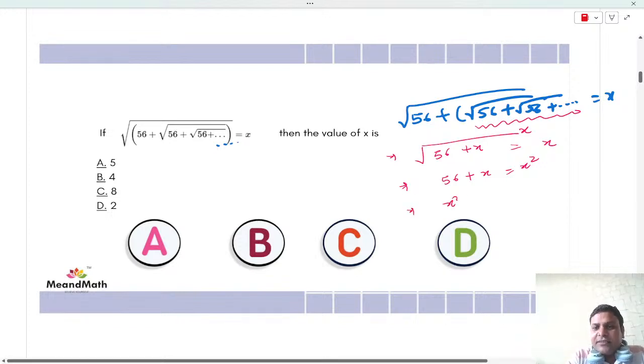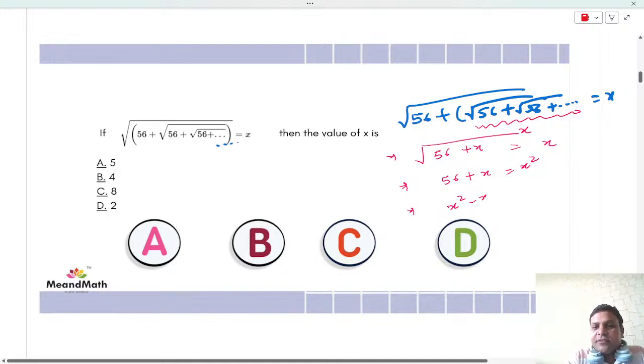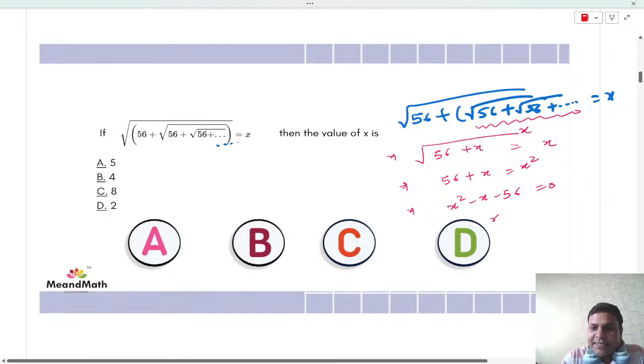This is a quadratic equation. You can simplify it by splitting the middle term. So x square minus 8x plus 7x minus 56 is equal to 0.